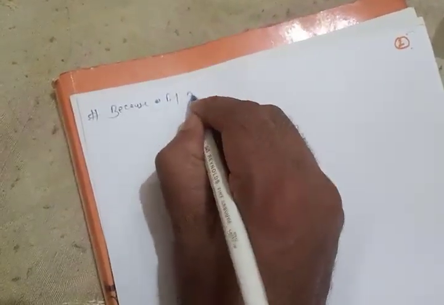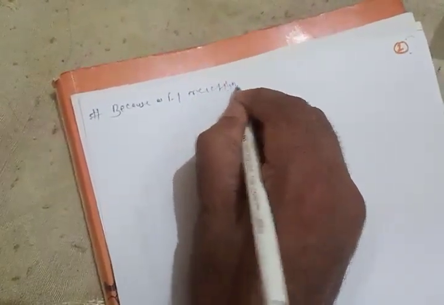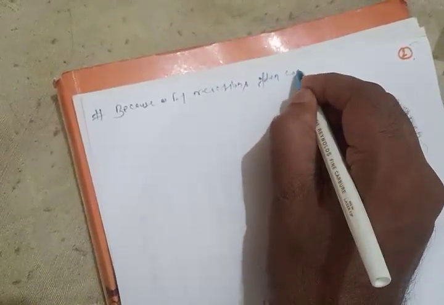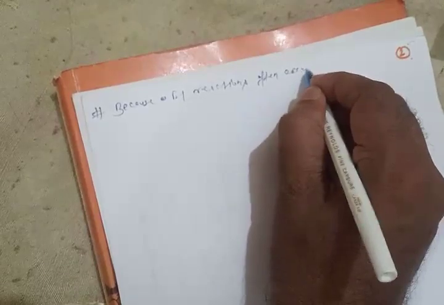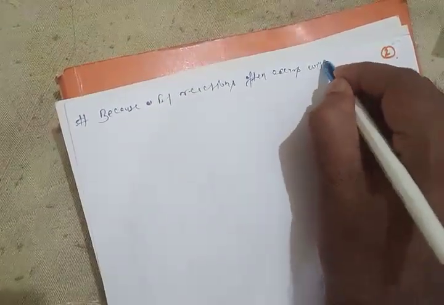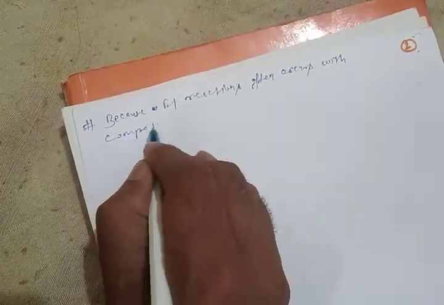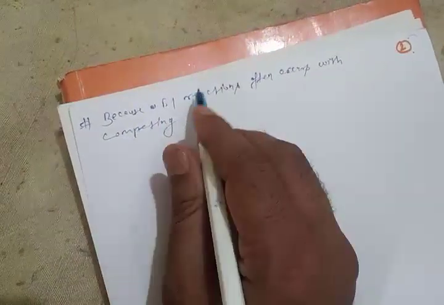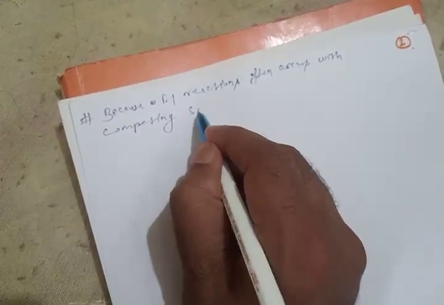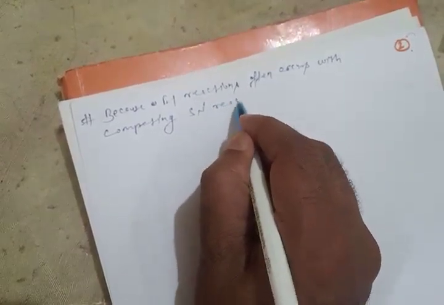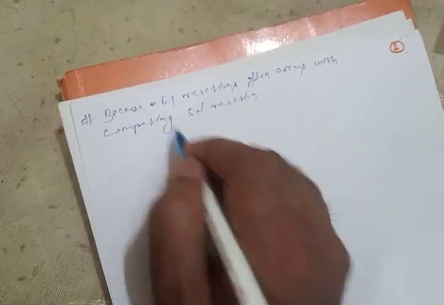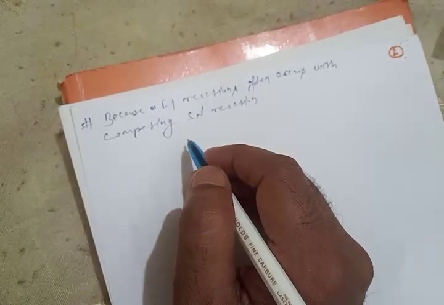Because E1 reactions often occur with competing SN1 reaction, that means E1 and SN1 are both similar, there is no issue.